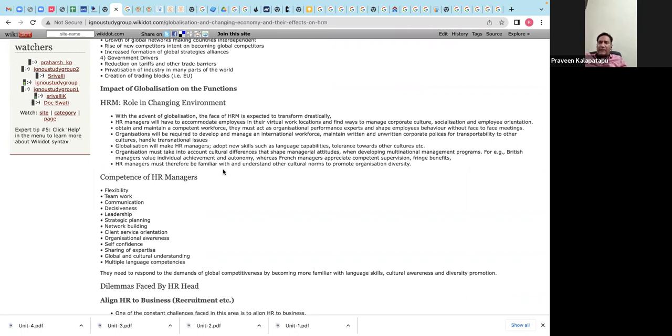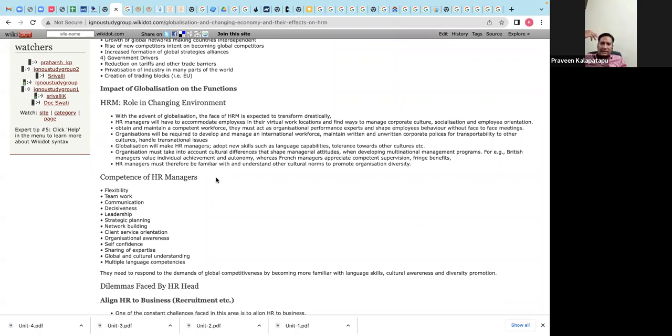See, if we are going back to the multicultural angle, if the organization is in multiple countries, there are certain written and also unwritten policies which they need to be worried about in each place, because every place is different, right? So even HR managers will have to get trained on these cultural aspects.